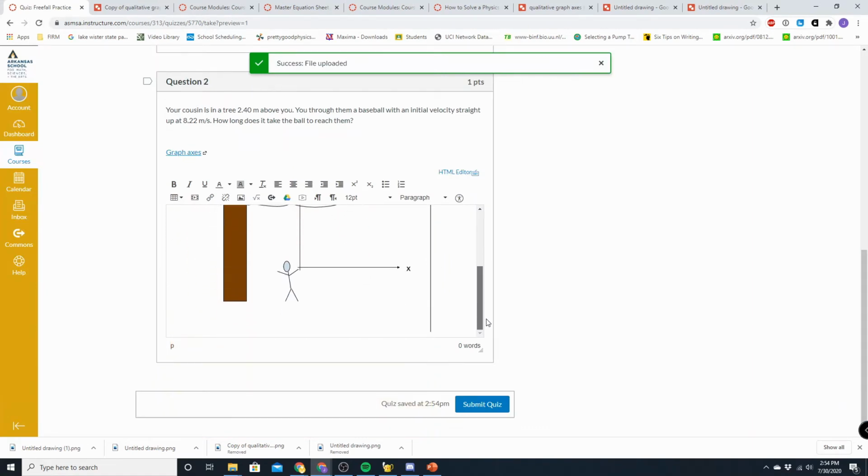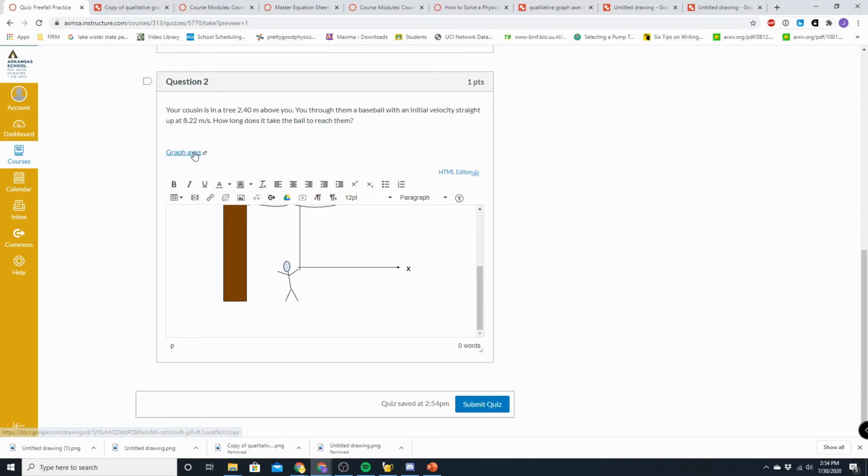Now, very similar to before, we want to draw the set of axes and a set of graphs to go with this problem.